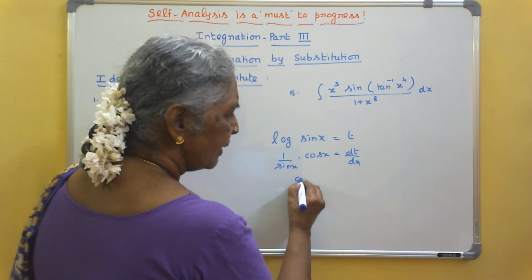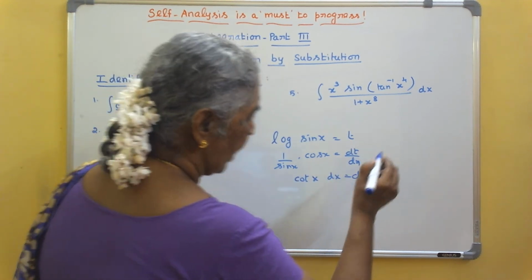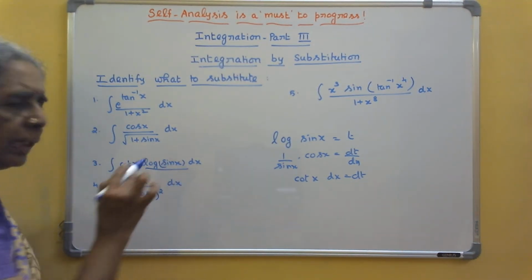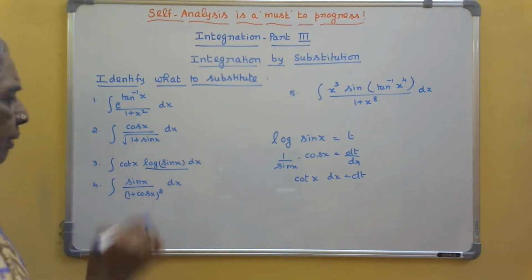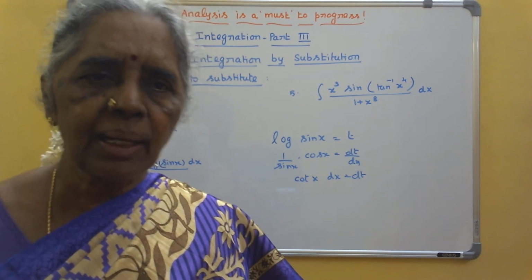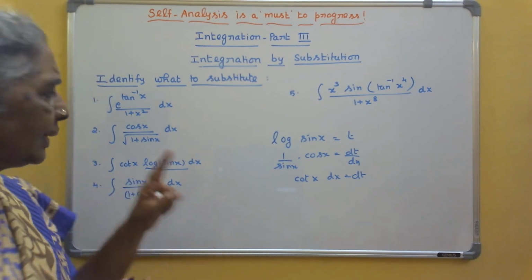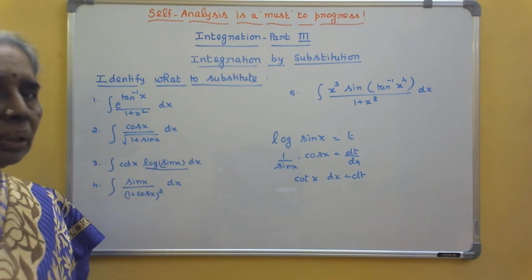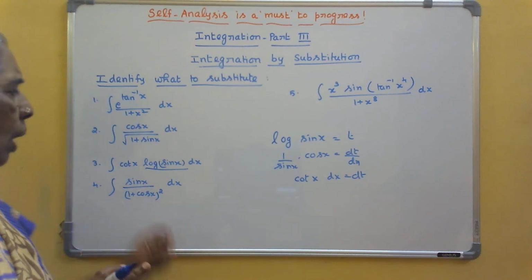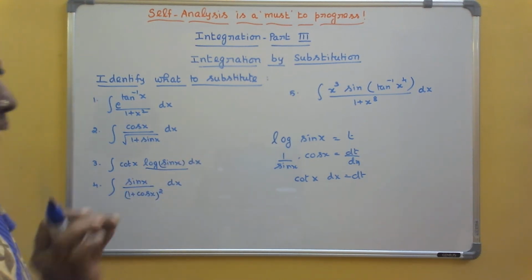What is this? This is nothing but cot x. Bring the dx here. So now, if you substitute one term as t, the other term becomes either straight dt or it may be related to dt. So in the third one, you should not substitute only sin x. We have to substitute log sin x, the total term, as t.